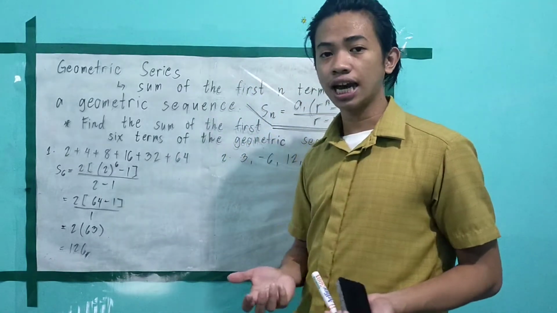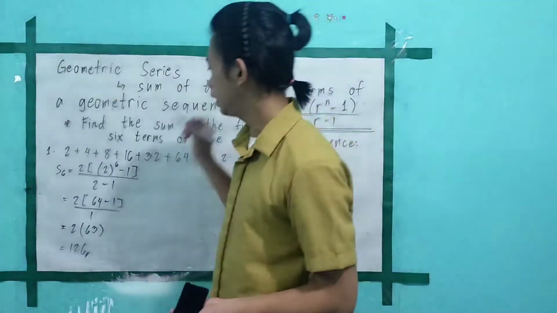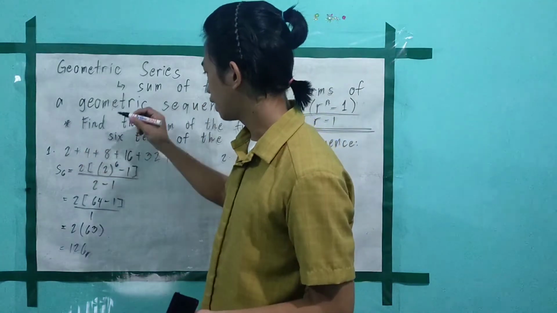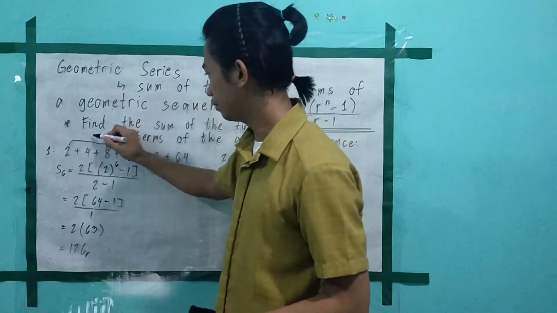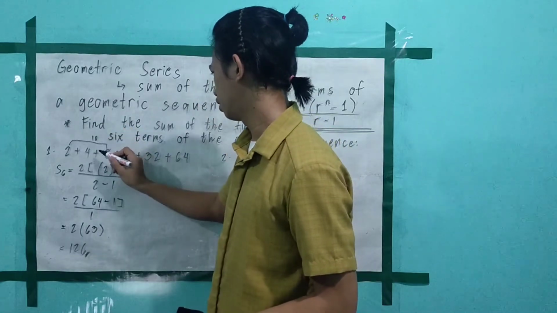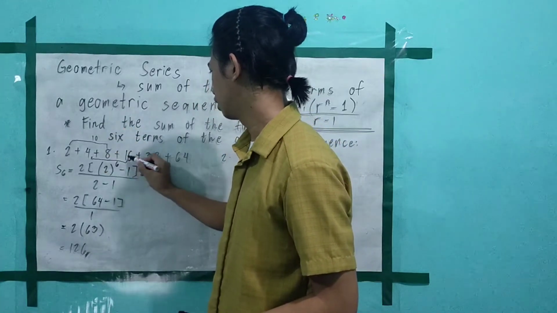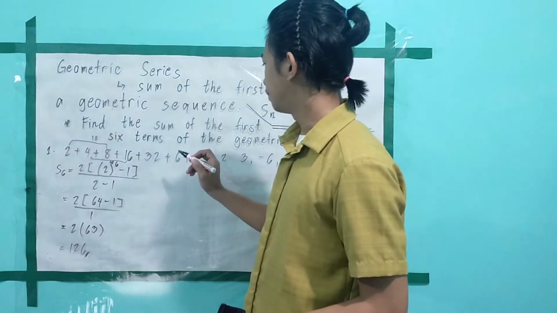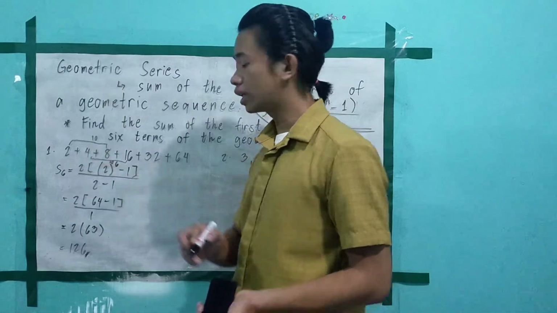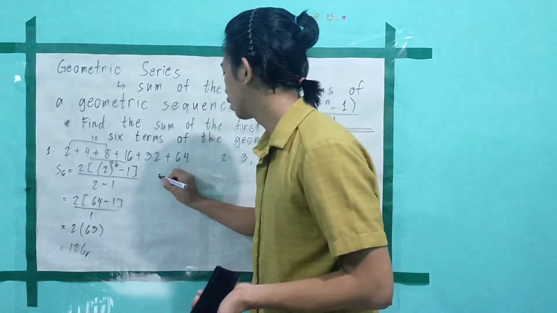So, pwede rin natin siyang imano-mano. Okay? So, isolve lang natin, mano-mano. 2 plus 8, we have 10. And then, 4 plus 16, we have 20. And then, 10 plus 20, we have 30.